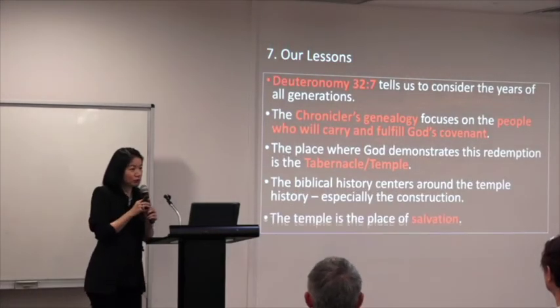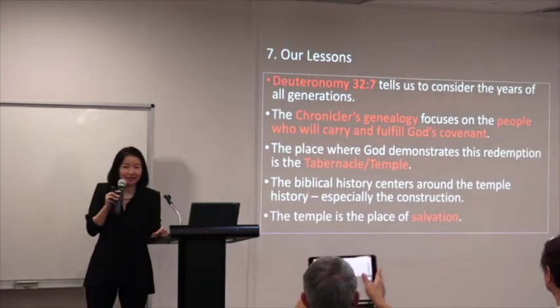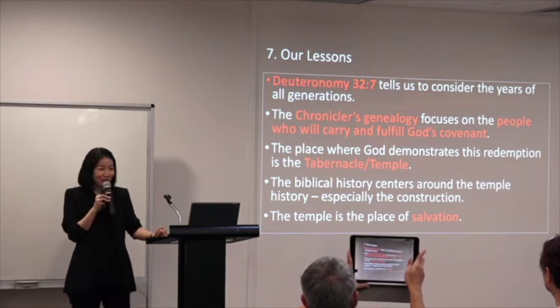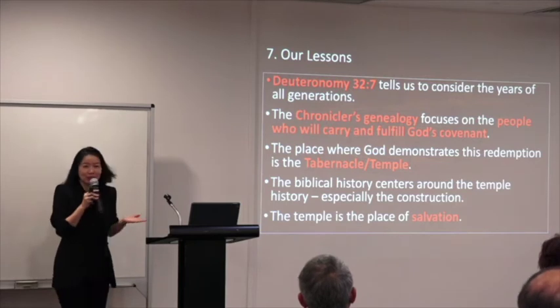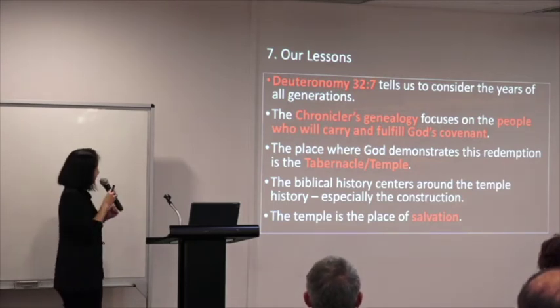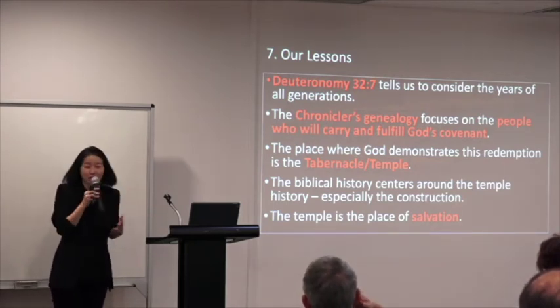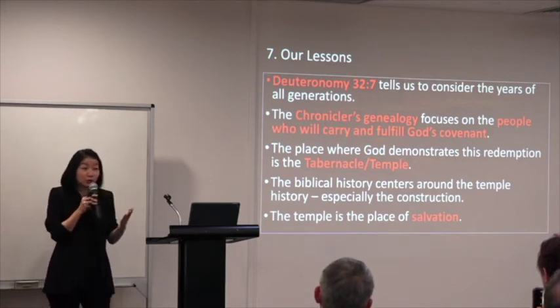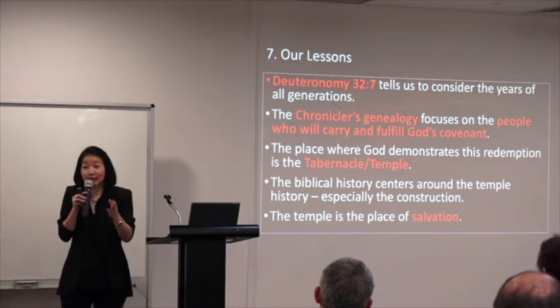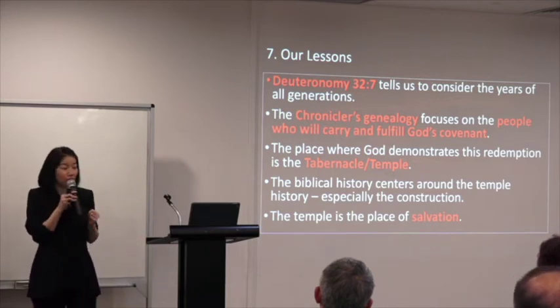So, our lessons. We're going to go to conclusion because you're going to be served an exciting entree on the high priest. So to just pave the way, we are actually obeying Deuteronomy 32:7 to remember and consider the years of all generations. To do so, you need to know who are the central targets of Chronicler's genealogy.